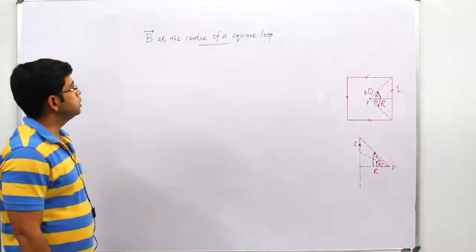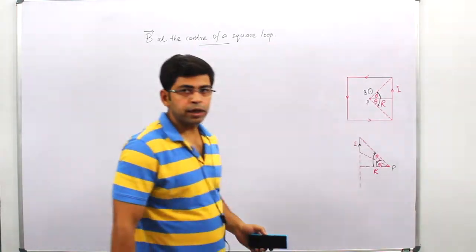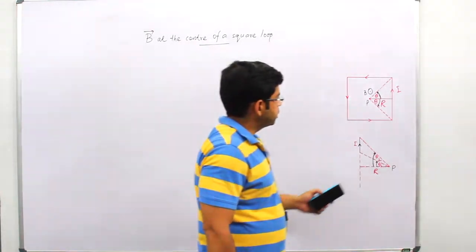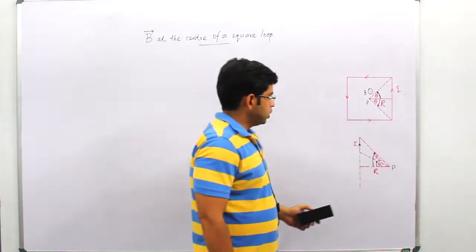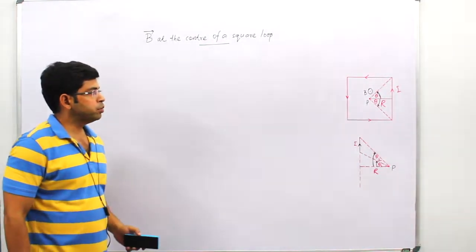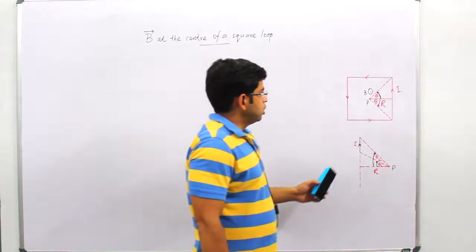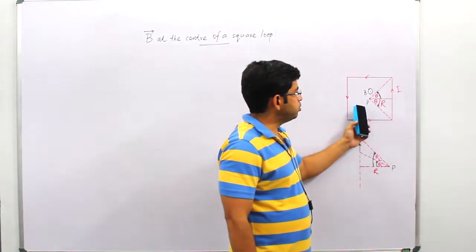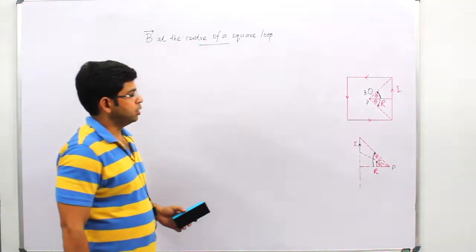So the next case is we want to calculate B at the center of a square loop carrying a current I in the direction shown in the figure. Observing the symmetry of the problem, you should have already guessed that we will just calculate the magnetic field B for each arm and accordingly add for the other arms.